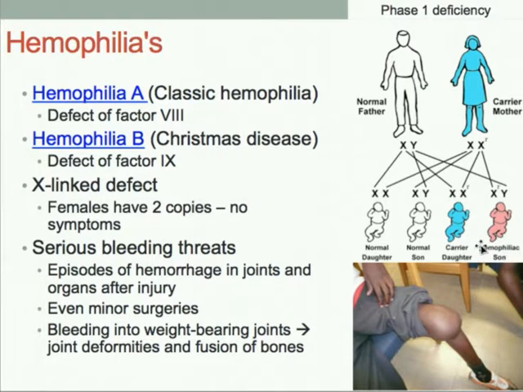Only males can be actively hemophilic. So if you're looking at patients with bleeding abnormalities, you generally want to rule out hemophilia if it's a female. A male has an X chromosome, but he has to have the ability to pass that on to a son to have the active hemophilia.